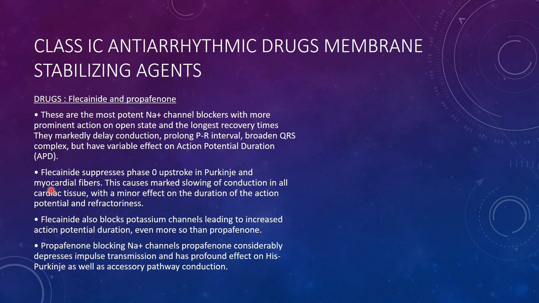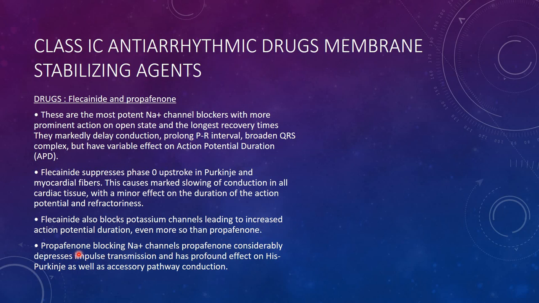Now, how does flecainide act? It suppresses the phase 0 upstroke in Purkinje and myocardial fibers, and this ultimately causes a marked slowing of conduction of cardiac tissue with a minor effect on the duration of action potential and refractoriness. It also blocks the potassium channel, leading to increased action potential duration, even more than propafenone.